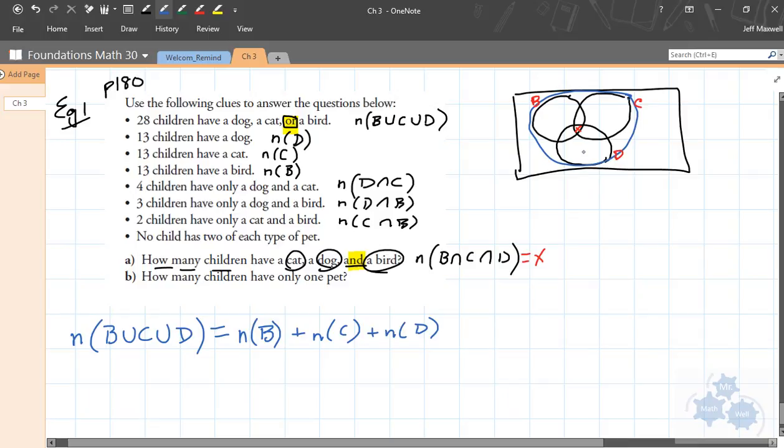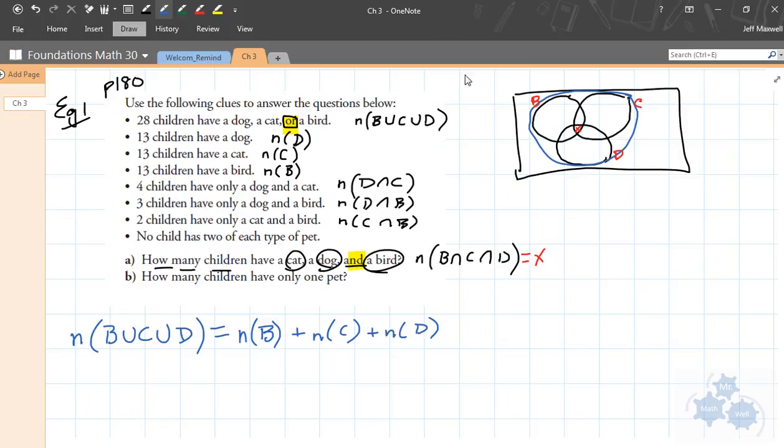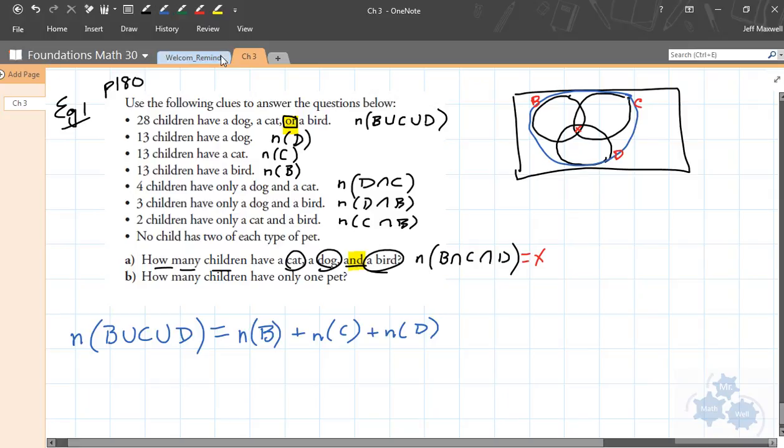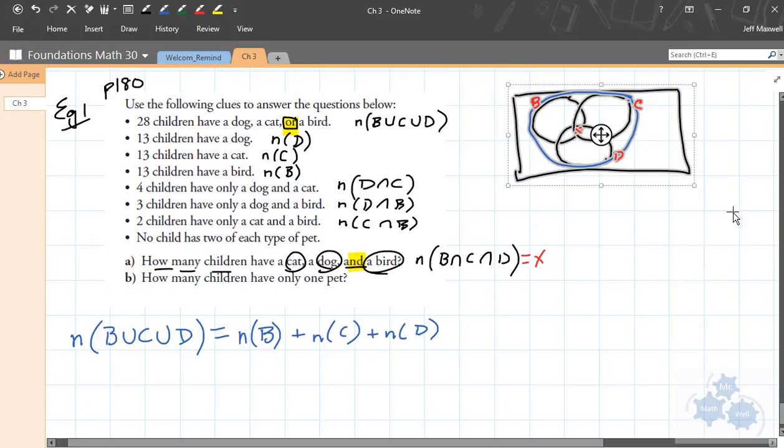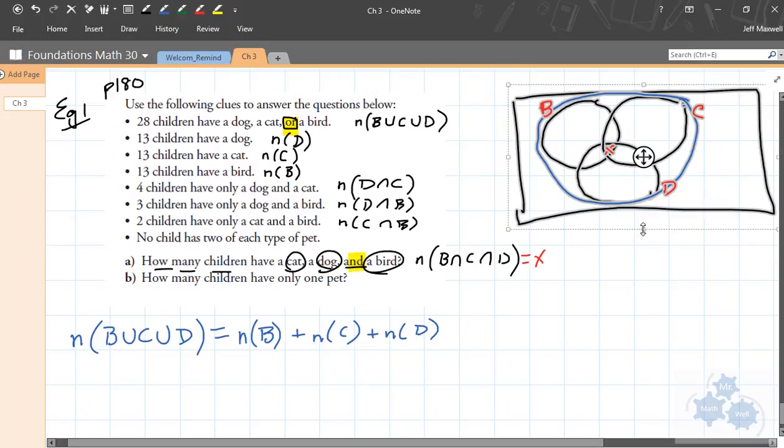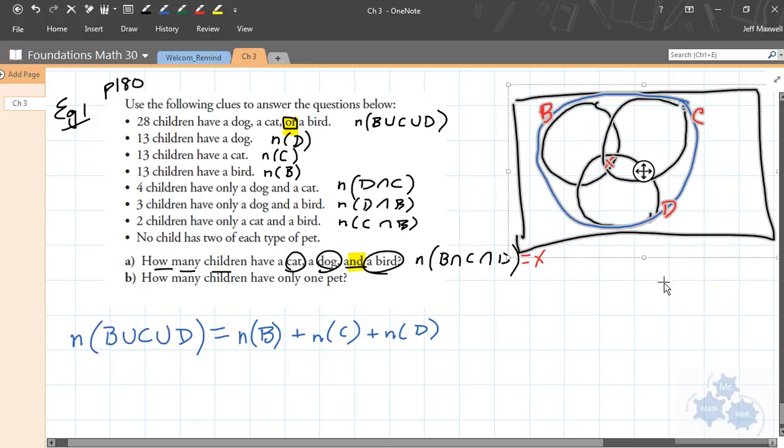But we've double counted some things, right? So what we have to do is say, I know that I've double counted some things. With a Venn diagram that has 3 circles, and let me just blow this up a bit so we can see it, we have double counted several things. We've double counted this part, this part, and this part.